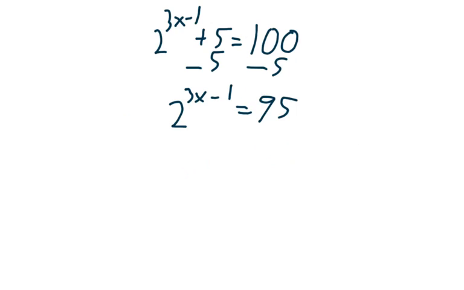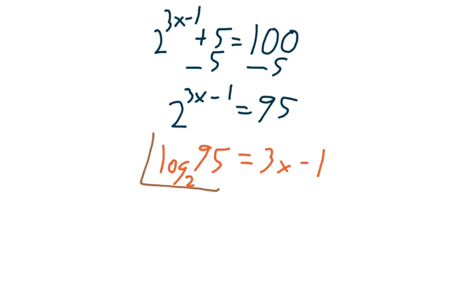Sorry about that. I forgot about the easier way to do this, which is to rewrite this as log base 2 of 95 equals 3x minus 1. Now for this part, you can use the change of base formula, which is log of 95 divided by log of 2, and we wind up with 6.57 equals 3x minus 1.